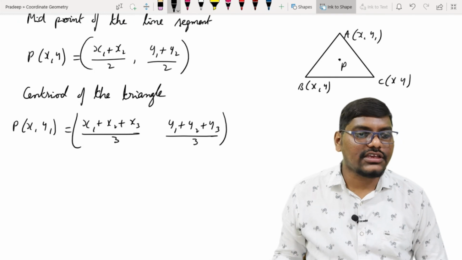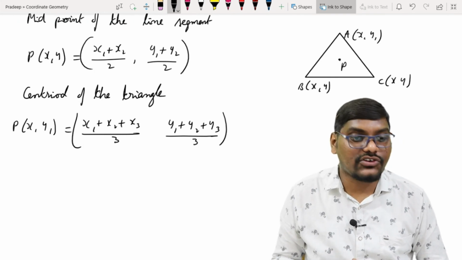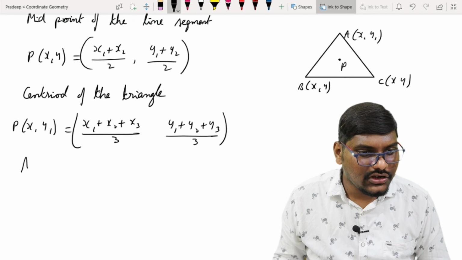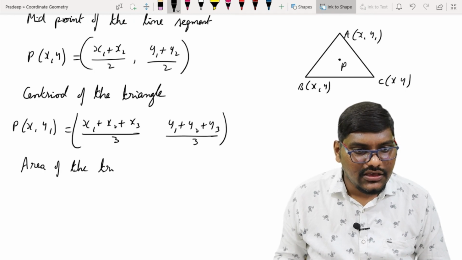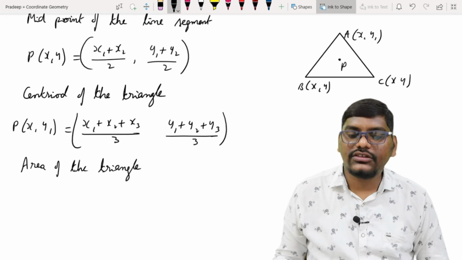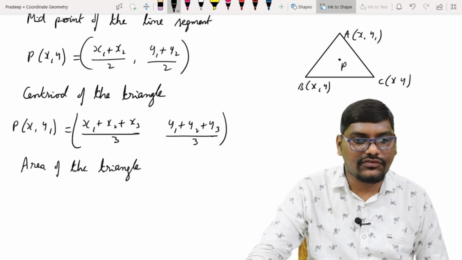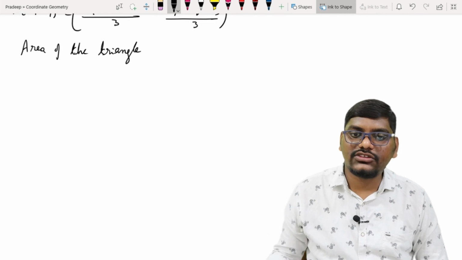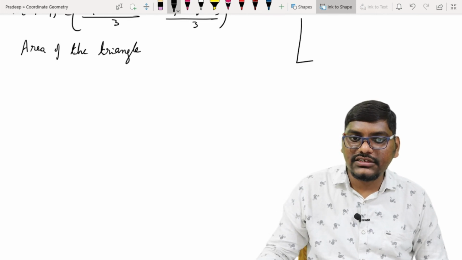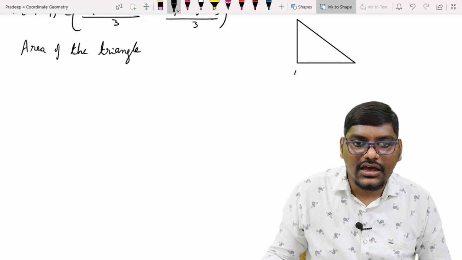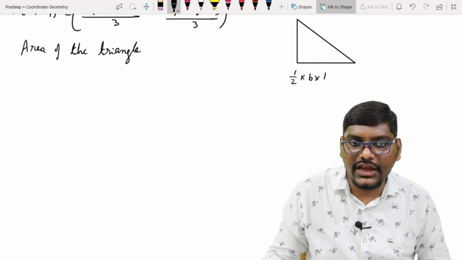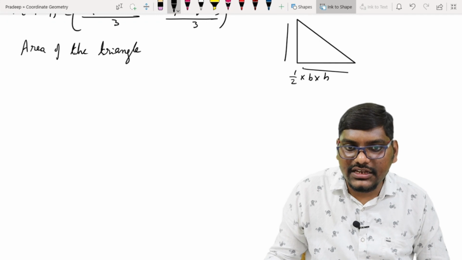Okay, so next we are finding out the area of the triangle. To find the area of the triangle, there are 3 different ways. If the triangle is a right angle triangle, then we use the formula half into base into height, where here is the height and here is the base.